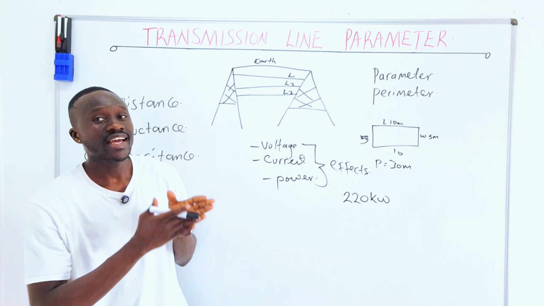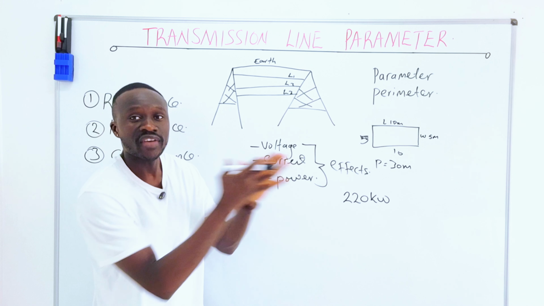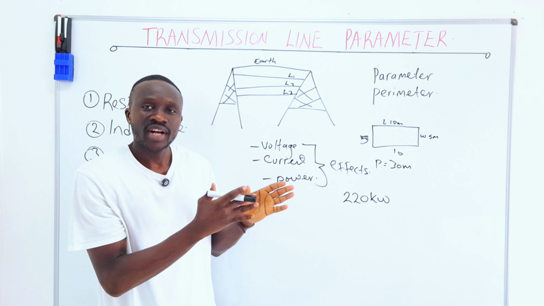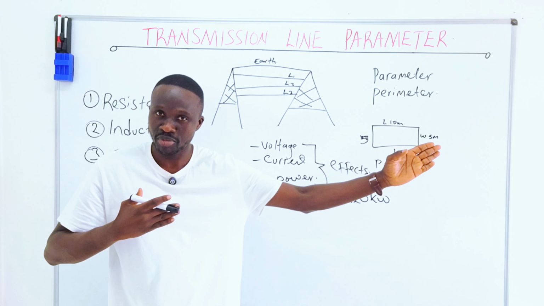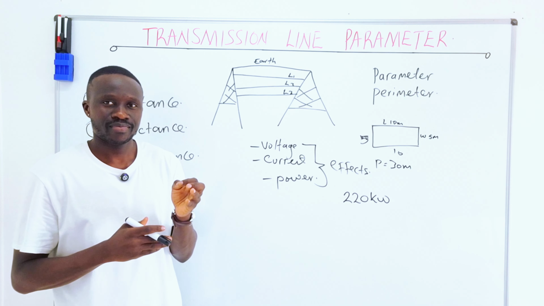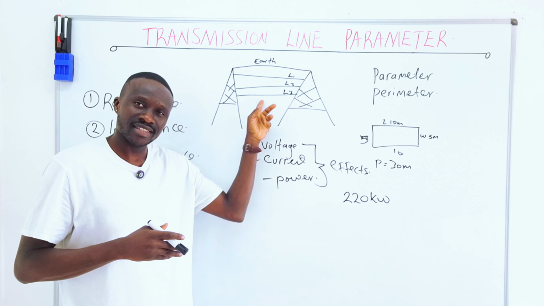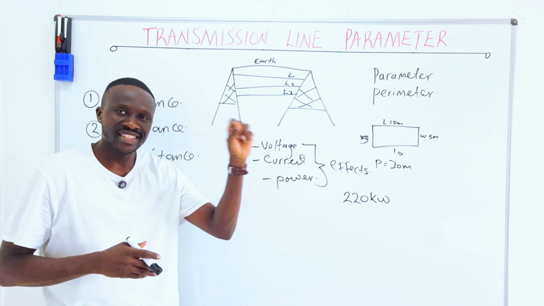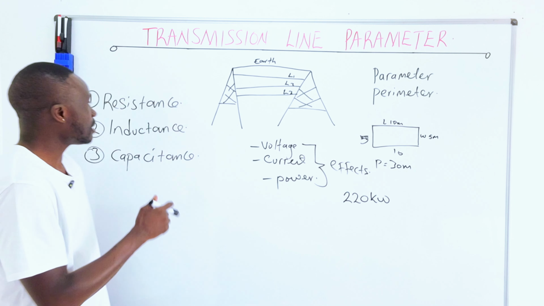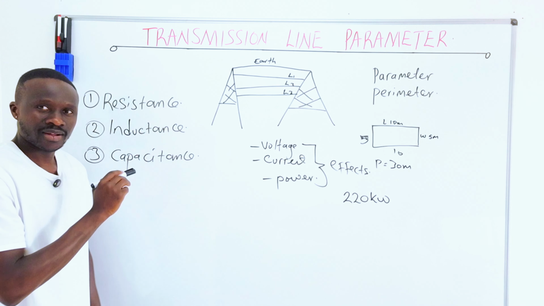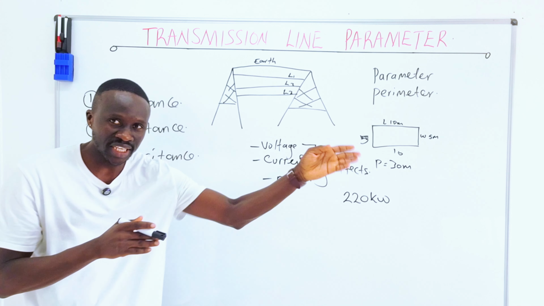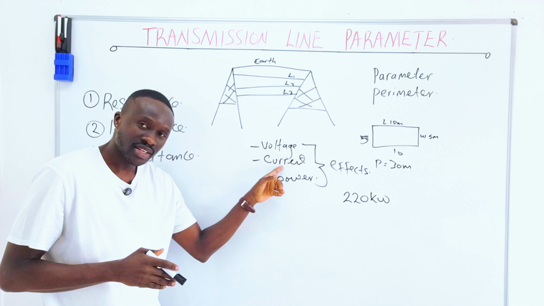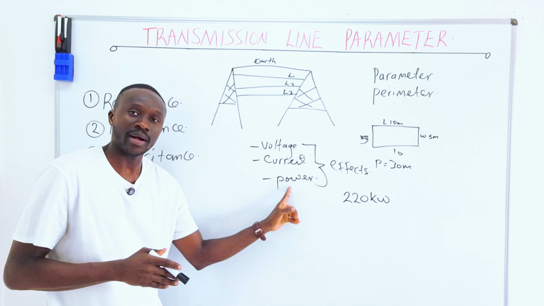When these electrons are moving, they find difficulties in moving because of the material of the conductors. These materials have resistance in them. This is the number one parameter we are seeing. This resistance affects the flow of voltage, current, and our power.